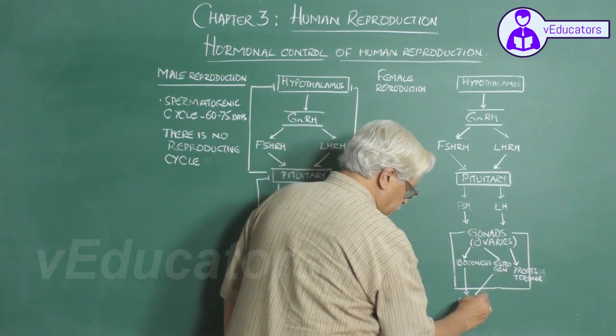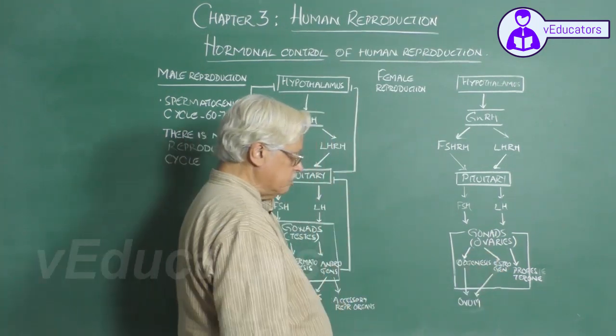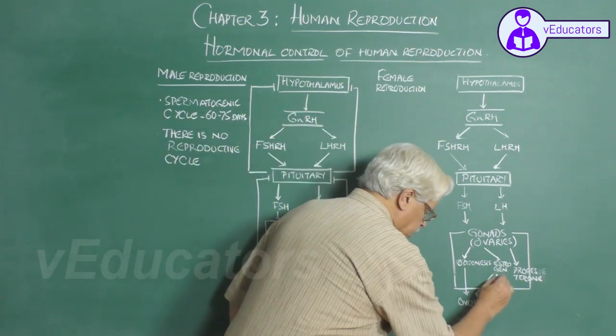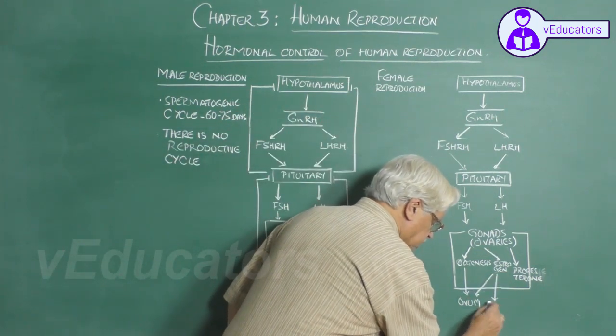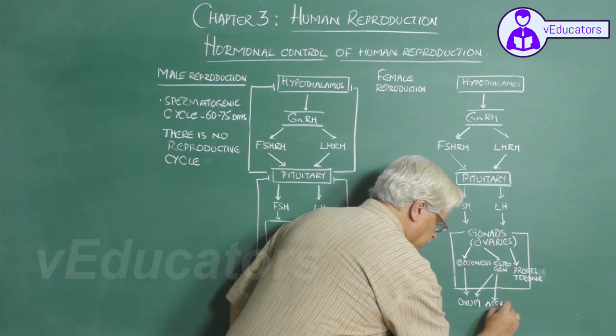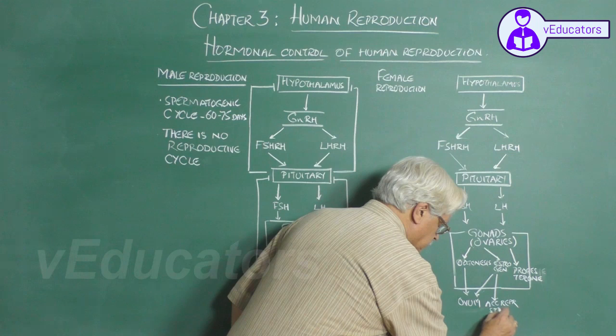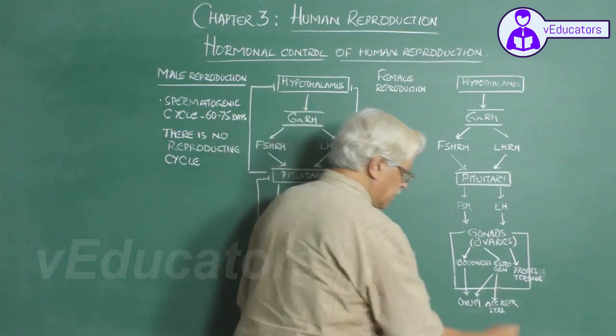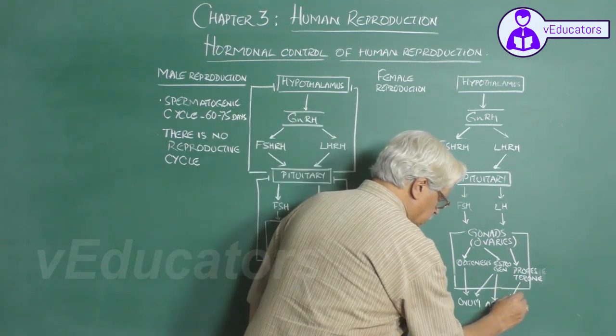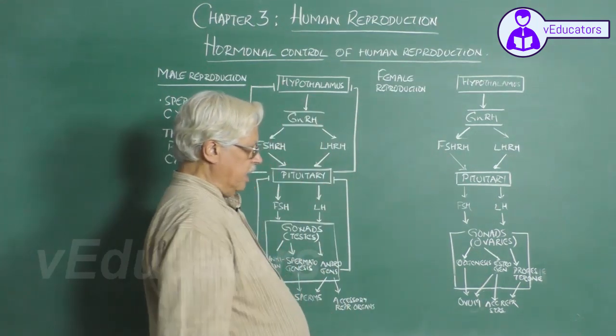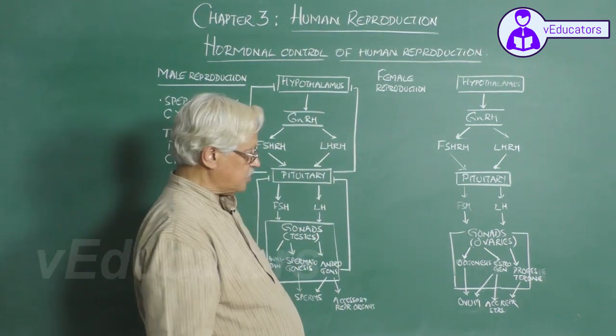Estrogen influences accessory reproductive structures. Similarly, progesterone influences accessory reproductive structures.